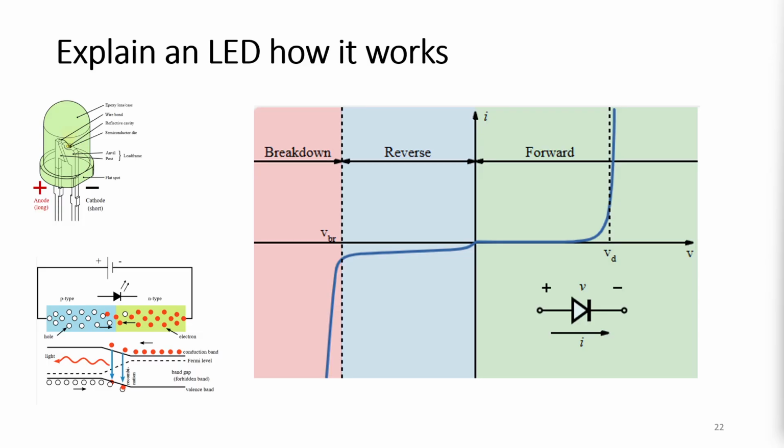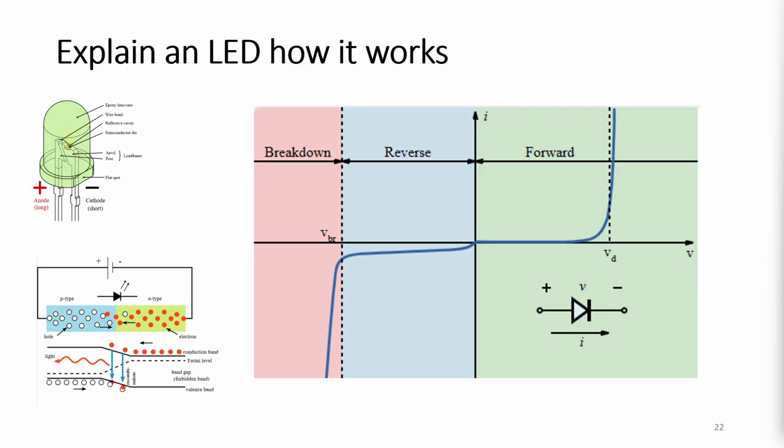In the forward region, where the applied voltage is positive, the diode is forward biased. For small forward voltages, the current remains very small because the internal potential barrier of the PN junction has not yet been sufficiently reduced. As the voltage increases and reaches the diode forward voltage VT, the barrier is effectively overcome and the diode begins to conduct strongly.